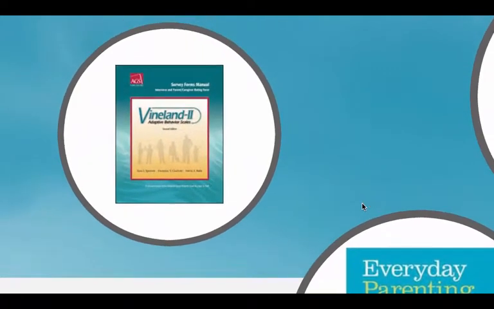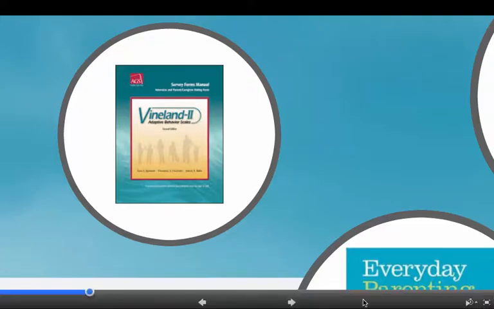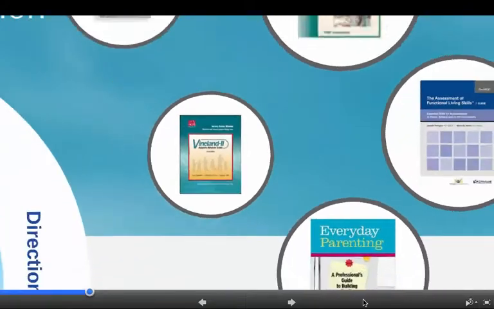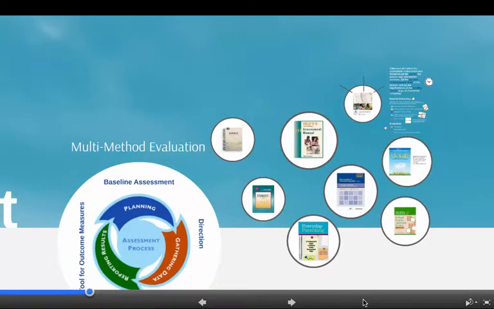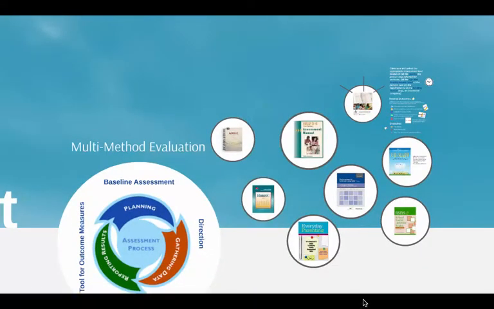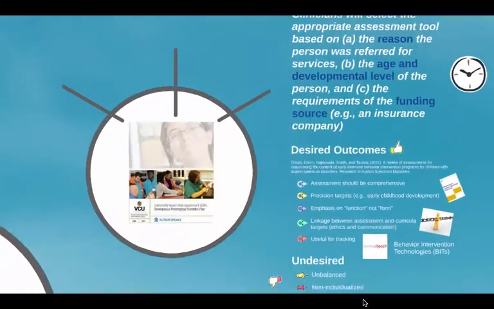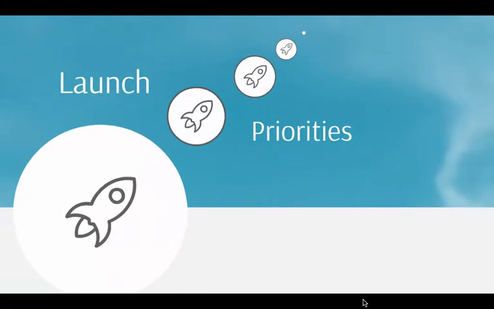And then finally, perhaps we'll use the Vineland as an assessment tool if we're working with individuals and trying to get a sense of their comprehensive presentation. So all sorts of options in terms of assessment, and the clinician that you're working with will certainly make the best recommendation in terms of what assessment tool to be used.